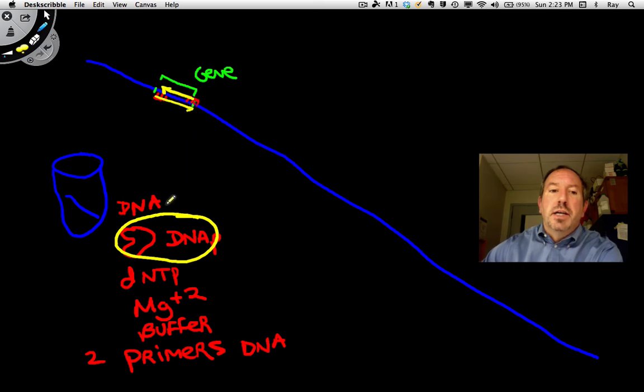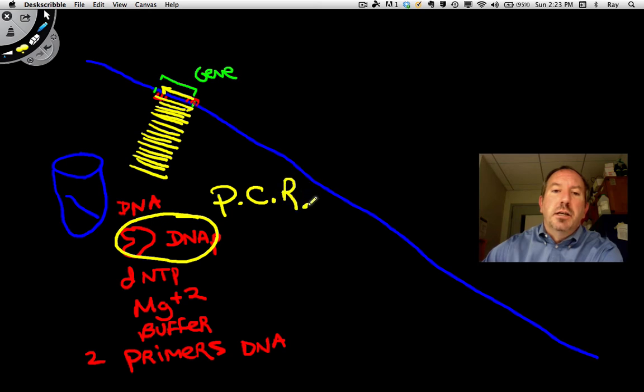As a consequence, if you let this go over and over again, you'll get many, many copies of just this one area that we're interested in. This is called polymerase chain reaction because it involves DNA polymerase, and it's a chain reaction because it occurs over and over and over again.